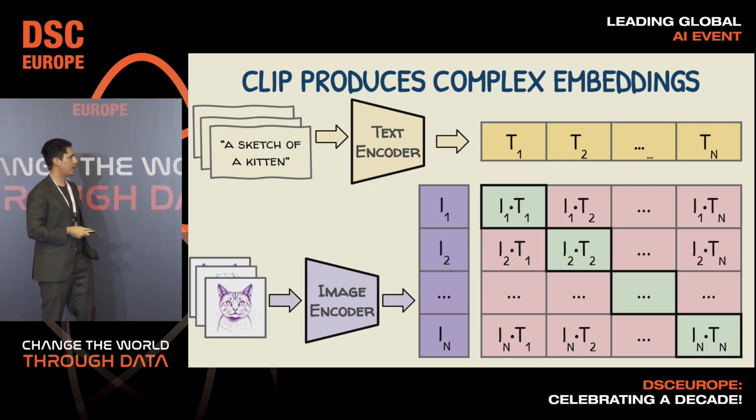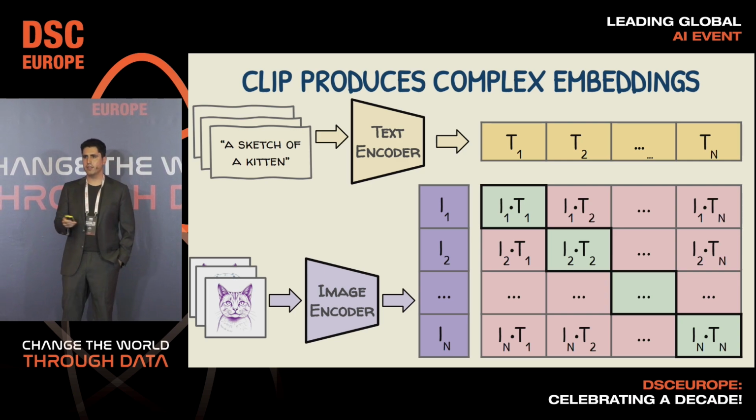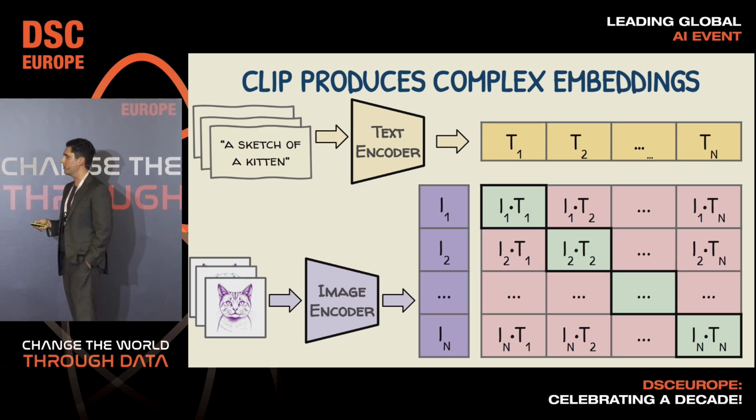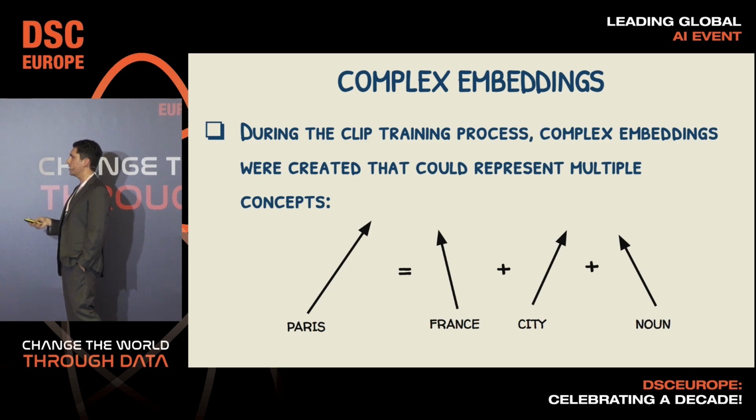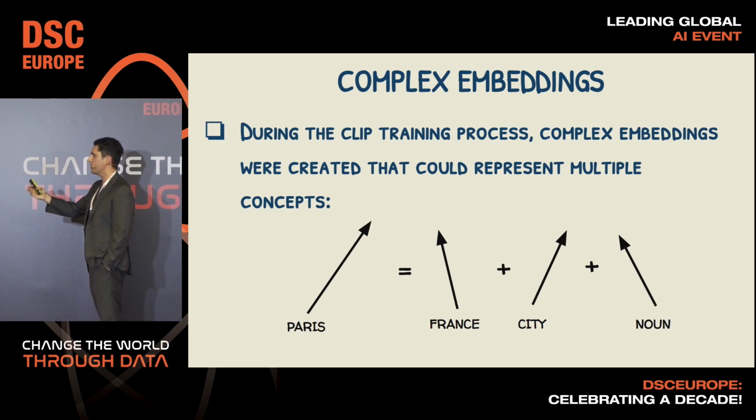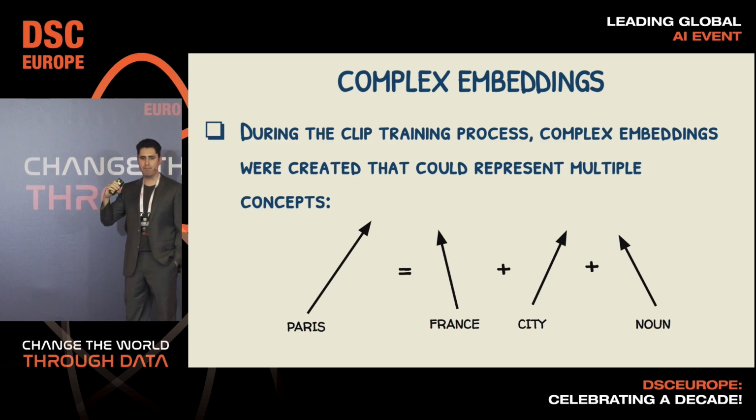And these complex embeddings can be thought of as the sum of many ideas. So if you have this embedding vector during the CLIP training process, what could actually be happening behind the scenes is this embedding, like Paris, is actually the sum of many ideas that you don't really get access to. Like, it's France. It also has to do with city. It also has to do with nouns, etc.